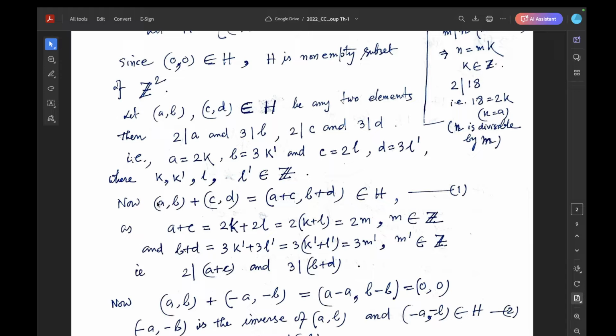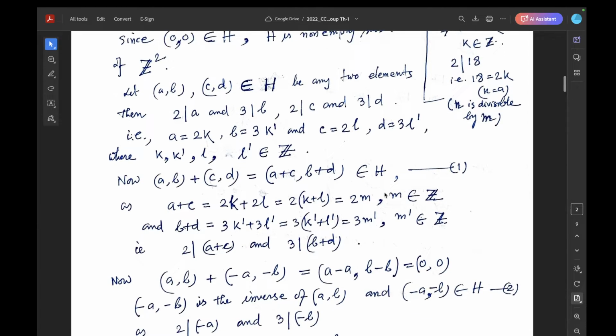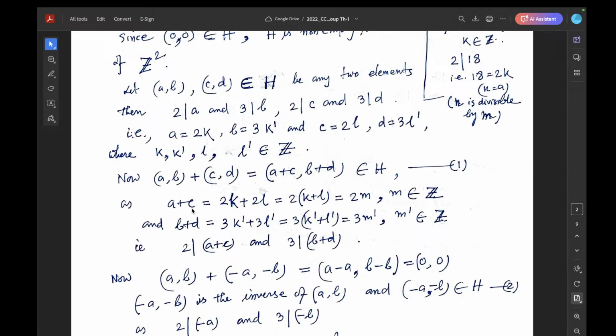Now ordered pair (a, b) plus ordered pair (c, d) equal to (a plus c, b plus d) belongs to H, because a plus c equal to 2k plus 2l, this is equal to 2 times (k plus l), this is equal to 2m, where m equal to k plus l, m belongs to Z. And b plus d equal to 3k dash plus 3l dash equal to 3 times (k dash plus l dash) equal to 3m dash.